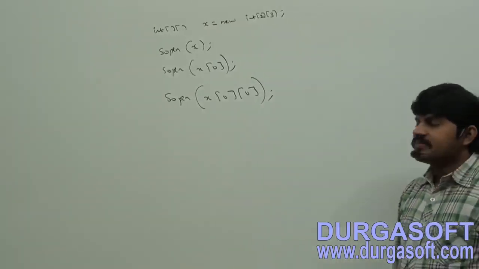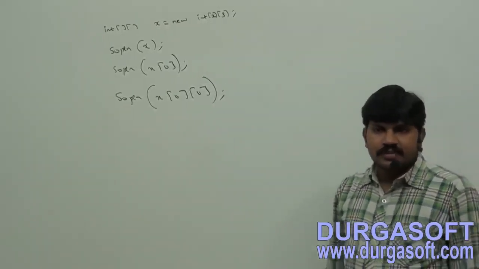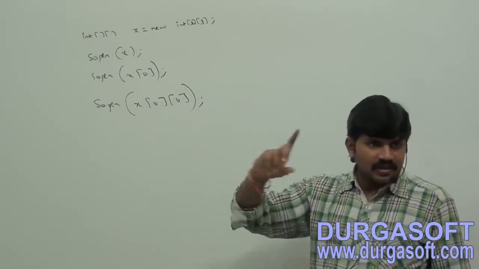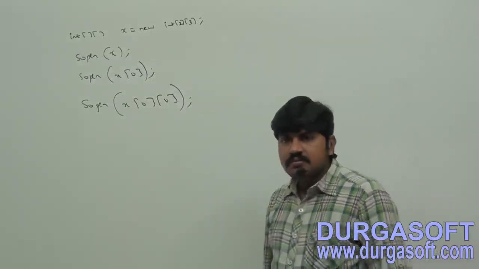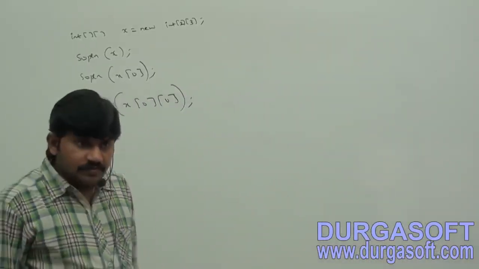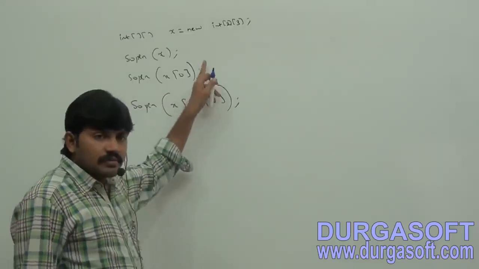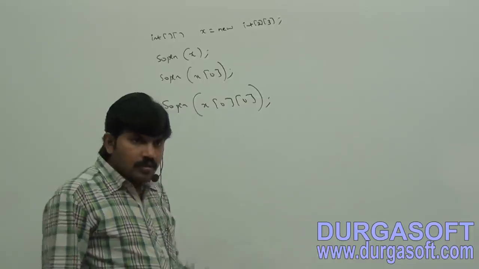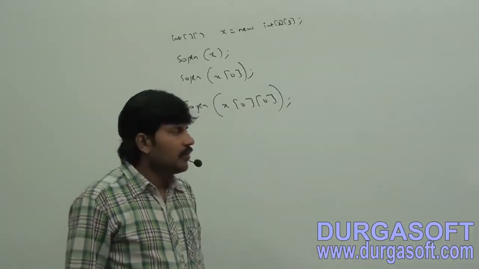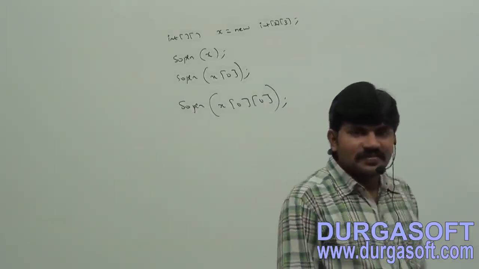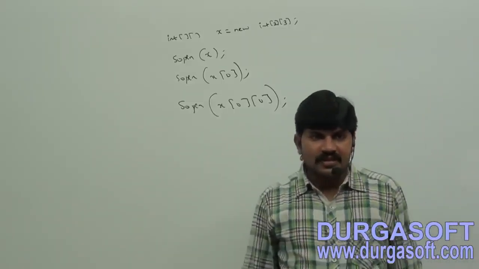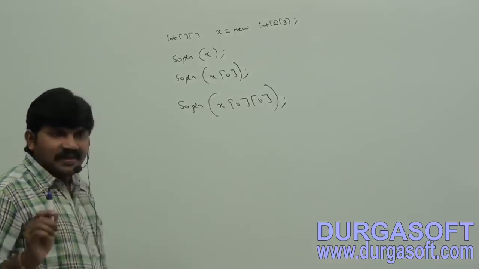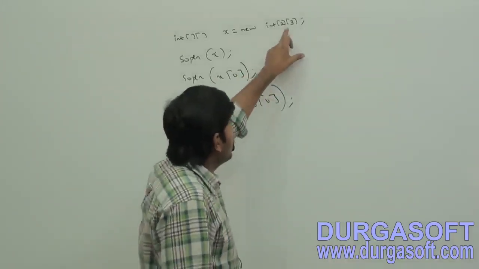What is the answer? First one, class name at the rate some hash code. Second one, some reference. Third one, 0. What is the dimension?